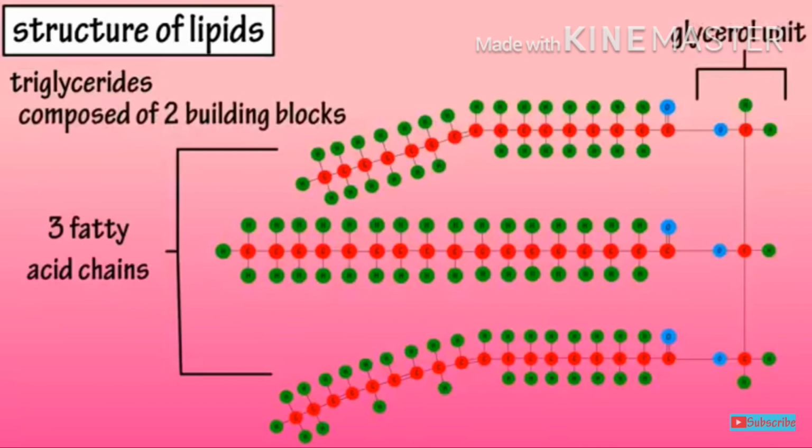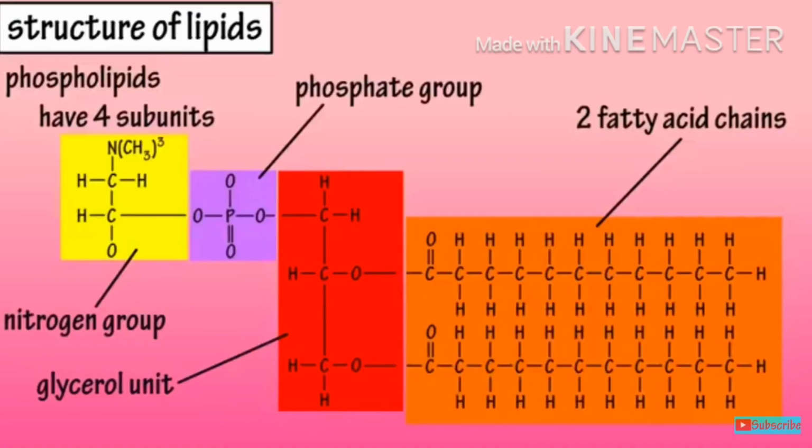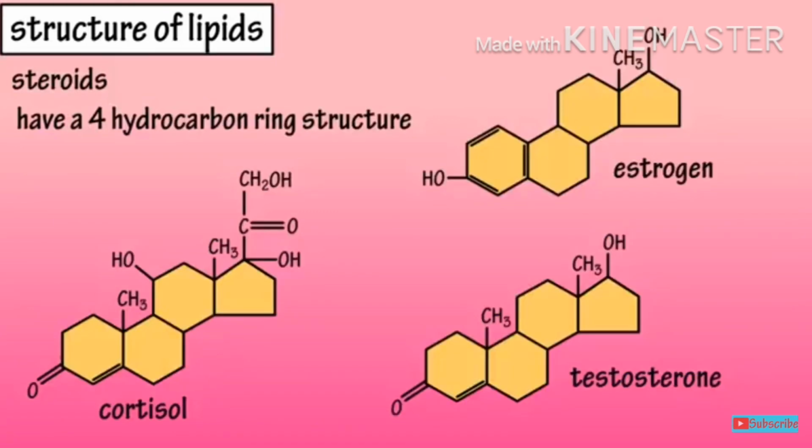Triglycerides are the most plentiful lipid in the body, composed of two building blocks: a glycerol unit and three fatty acid chains. Phospholipids have a similar structure to triglycerides, with four subunits: two fatty acid chains, a phosphate group, a glycerol unit, and a nitrogen group. Steroids have four hydrocarbon rings, the steroid nucleus, as the foundation of the molecule.